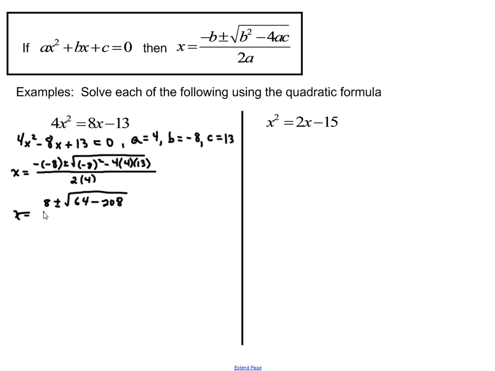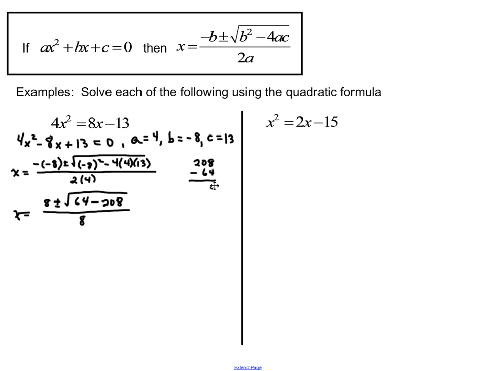And again, if you need to pause and work that out for yourself to verify I'm doing okay, that's fine. All of that will be divided by 8. Well, 64 minus 208. Well, we're going to take 208 and subtract 64 from it, and then attach the negative sign.